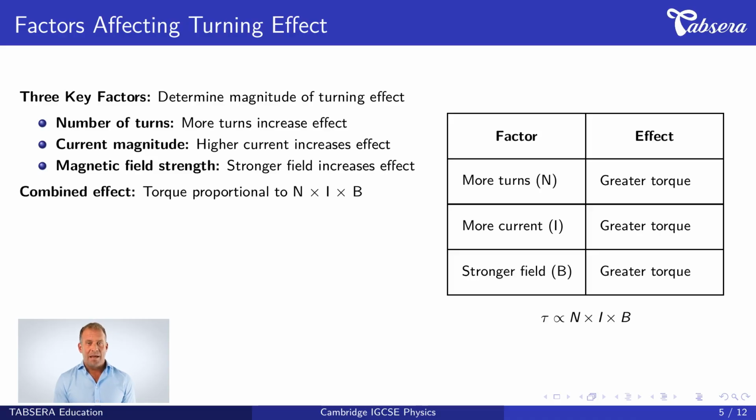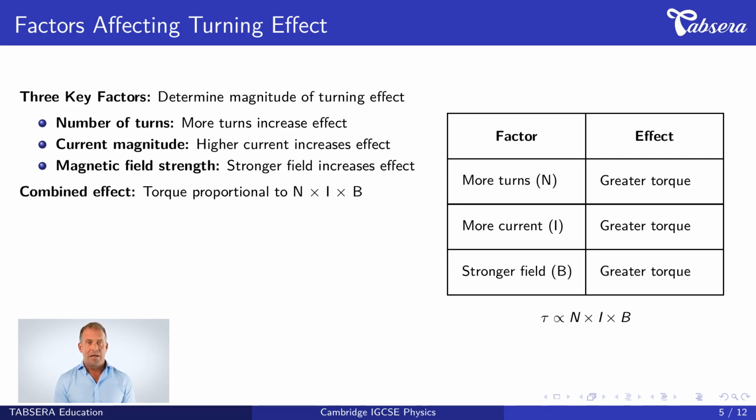Now we examine the factors affecting the turning effect. This follows Cambridge IGCSE core requirements. Three key factors determine the magnitude of the turning effect. First, the number of turns in the coil. More turns mean more current-carrying conductors in the field, so greater total force and turning effect. Second, the current magnitude.